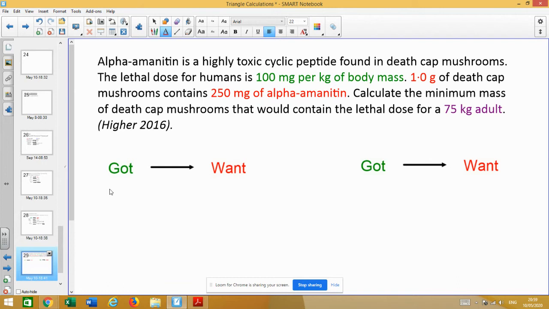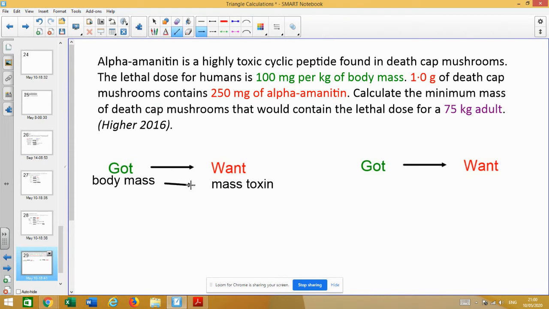So we know the body mass and we know the mass of toxin per kilogram, and we want the mass of toxin for that body mass, and then we can use that mass of toxin to work out what mass of mushrooms we would require. So for the body mass, let's just draw in some arrows to make sure we're following the process.